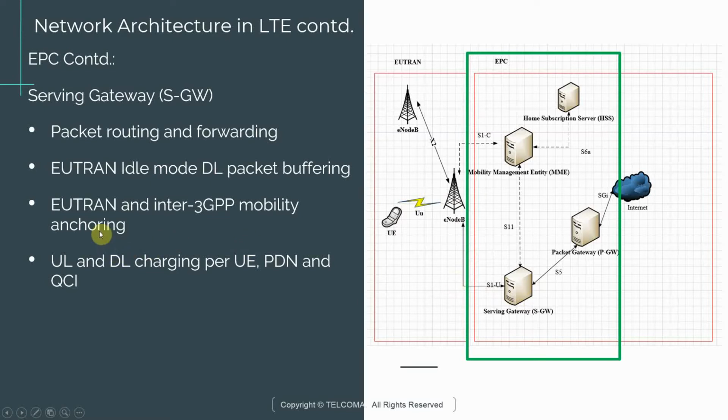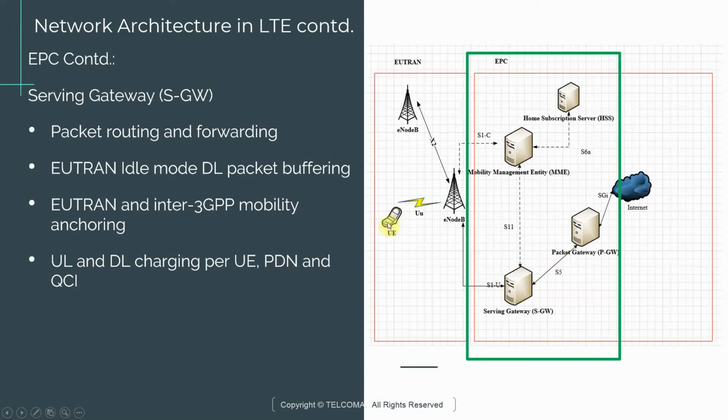The other thing it also does is E-UTRAN and inter-3GPP mobility anchoring. So what this means is, say the UE moves from one eNode B to the other eNode B. While this UE is moving, which we call handover, it's handing over from one eNode B to the other eNode B. The serving gateway buffers all that data that's coming in downstream for this particular UE.